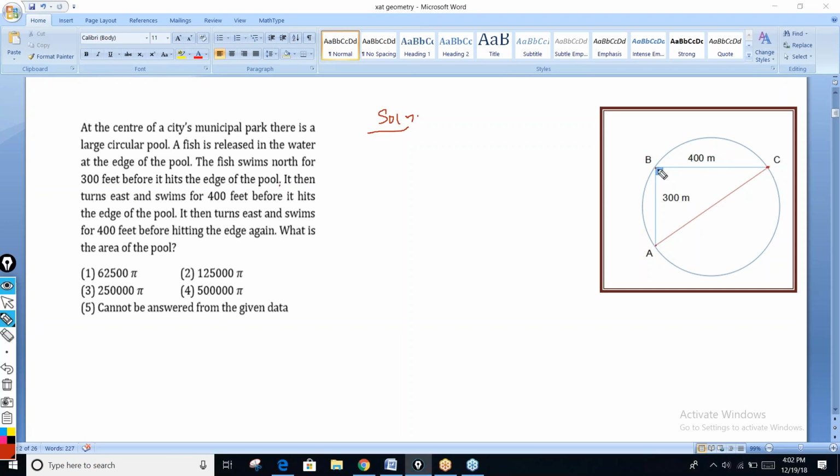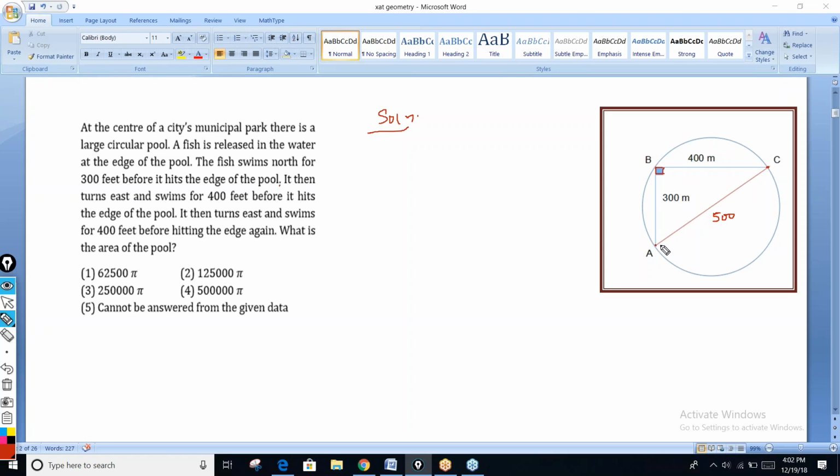So now you can see this is 300 meter and this is 400 meter, and if I join this line, this is a straight line and this is a 90-degree triangle. So can I say 300, 400, this AC will be 500. And this AC is making a 90-degree angle at the circumference of this circle.